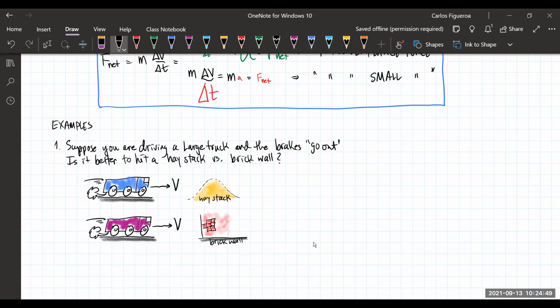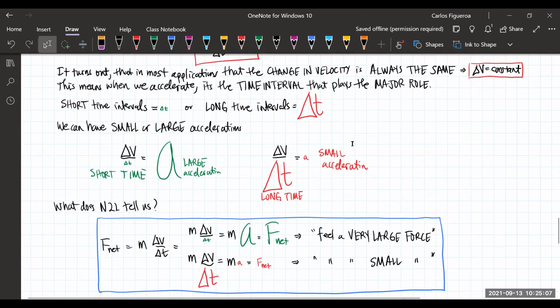Now, what's important here is that these trucks have the same speed. One of the things that I said up here is that the change in velocity is always a constant.